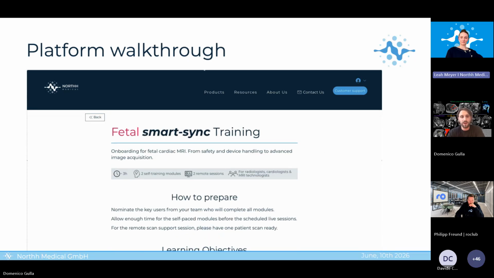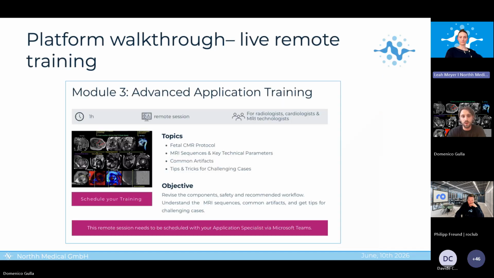This is a bit our journey and what we have done in the last period, because we think that really can be helpful in improving the learning curve of the people.